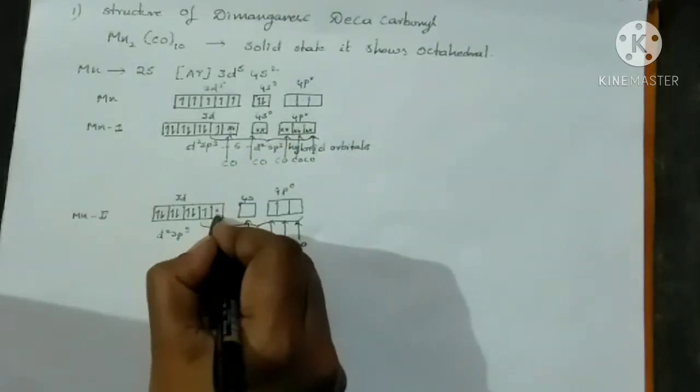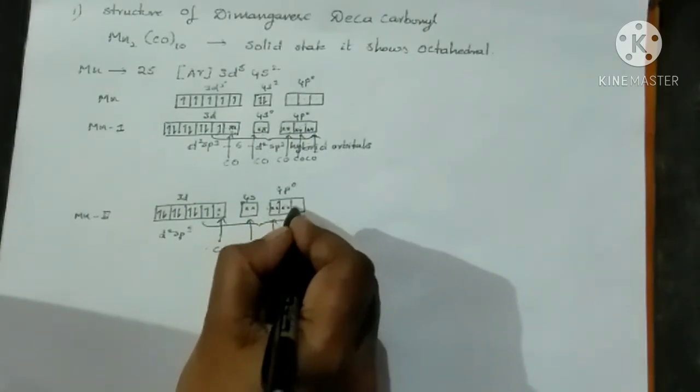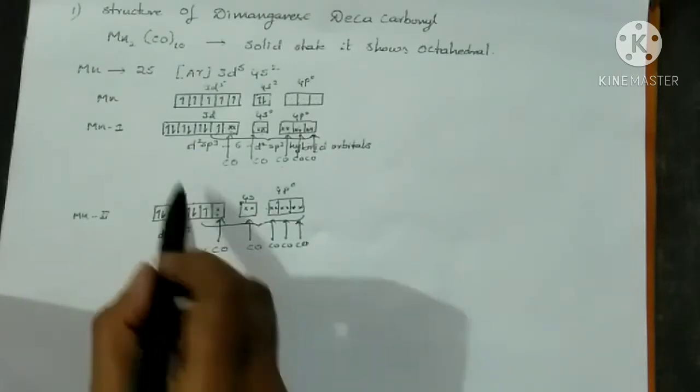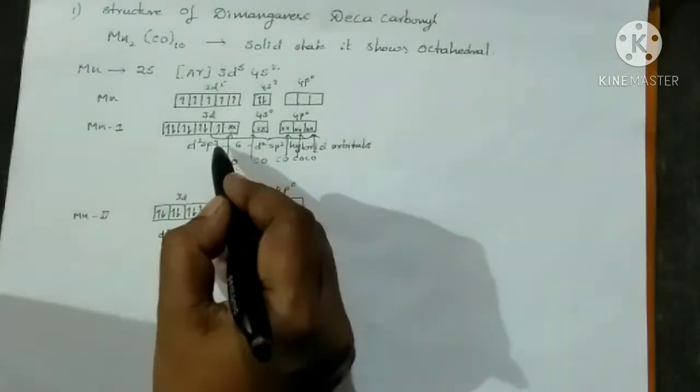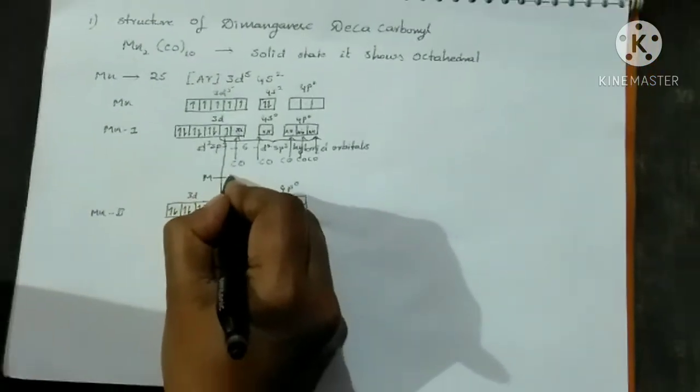The one unpaired electron from each of the manganese atoms also gets paired up and gives one metal-metal bond. That means here we can see a bond between the manganese 1 and manganese 2 atoms.